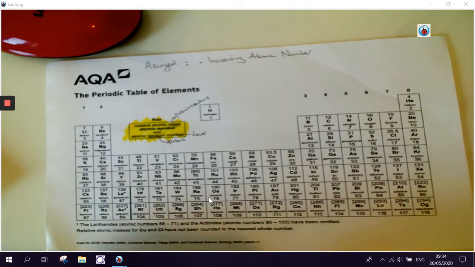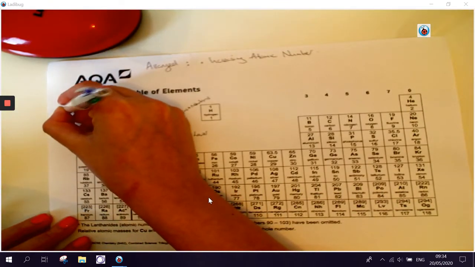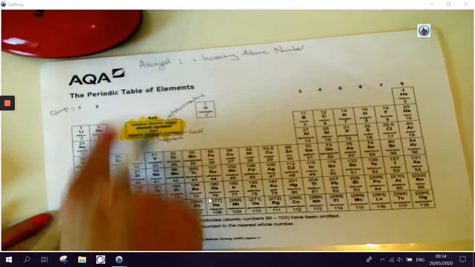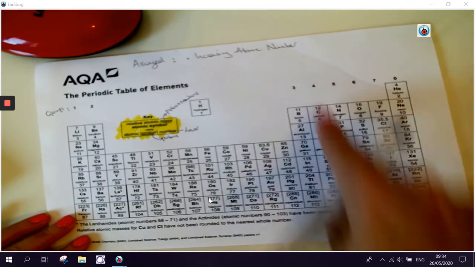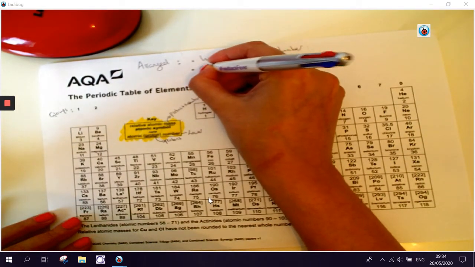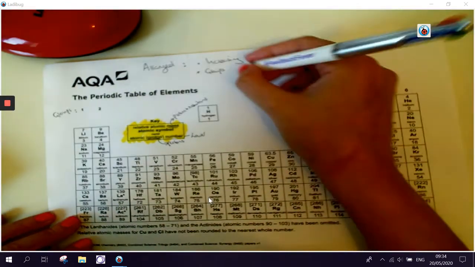The second way it is arranged is to do with the groups. Now the groups are the columns in the periodic table. And what the groups represent is the number of electrons in the outer shell of that element.